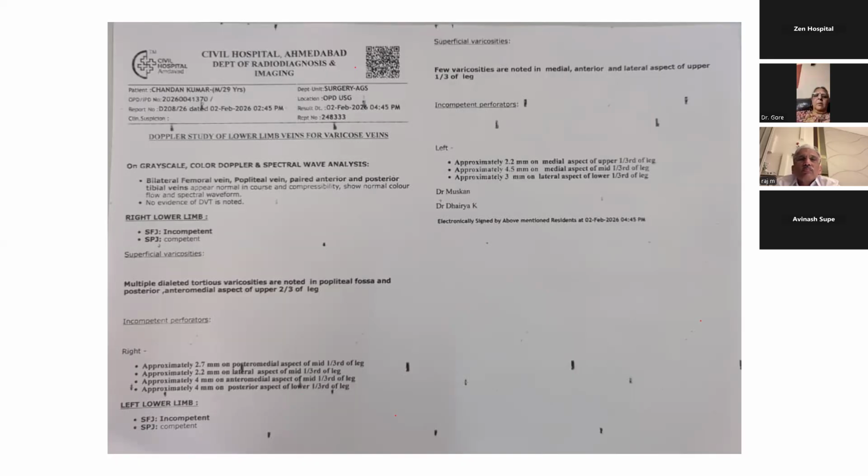Yes, ma'am. But as the question was, if the size of the vein is large, more than 7, 8 mm, and there is reflux, then there's no point in asking a patient to undergo stocking. I would advise them to undergo some kind of intervention.